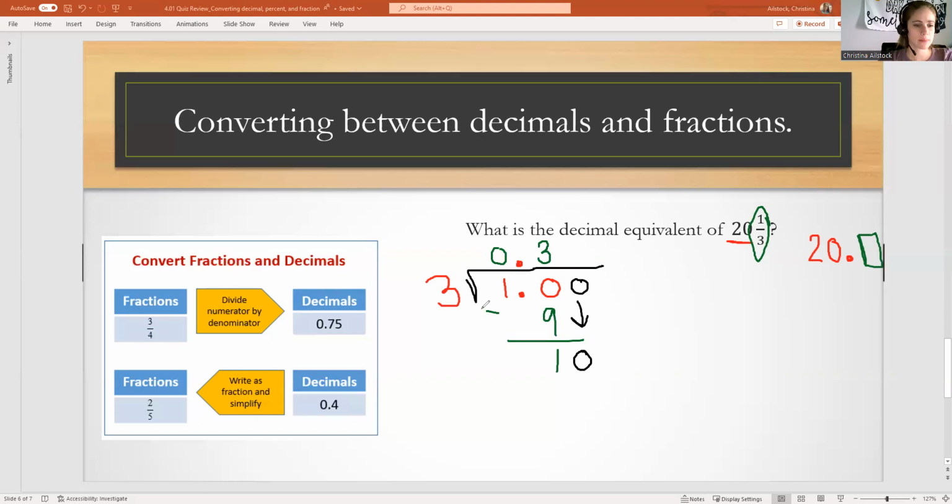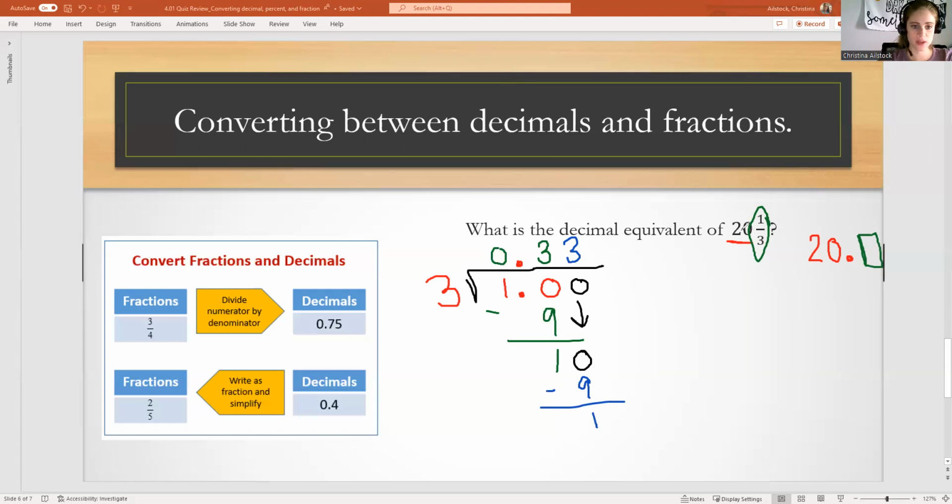It's kind of looking like it might be repeating, but let's do it one more time just to check our facts here. 3 can go into 10 3 times. 3 times 3 is 9. We subtract that and we get 1 again. Yep, we have a pattern of we're continuing to get a 1 that turns into a 10 every time, meaning we have another repeating decimal.